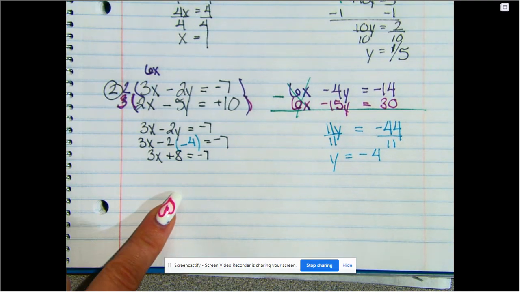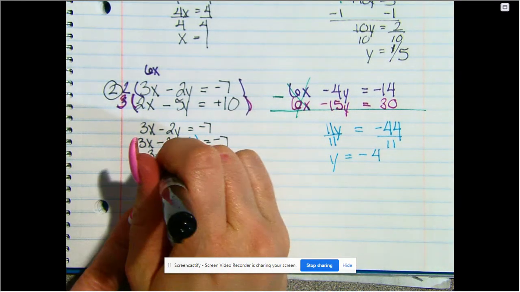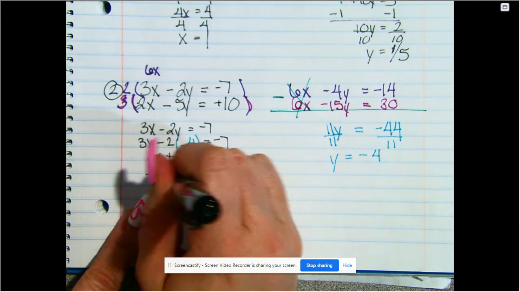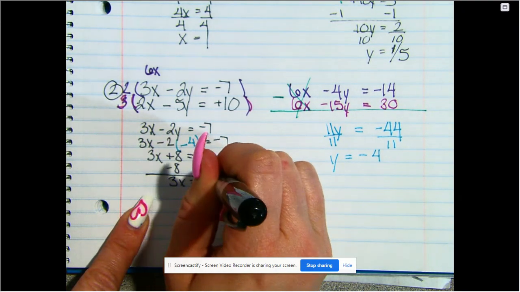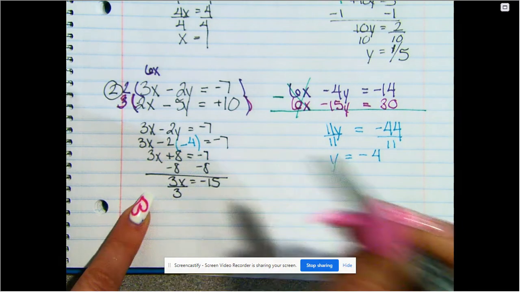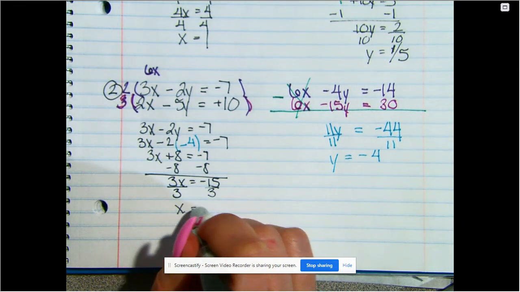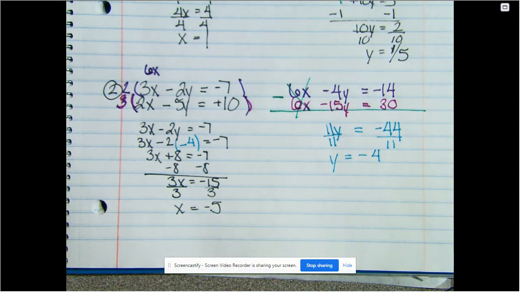Okay, I'm going to subtract on each side. Negative 8. So 3x is equal to negative 15. Divide by 3. And x is equal to negative 5. So I have an answer to my whole entire solution.